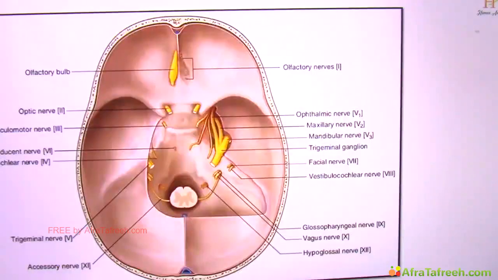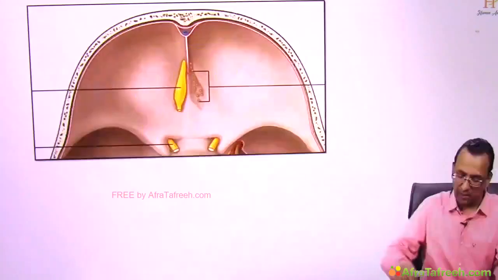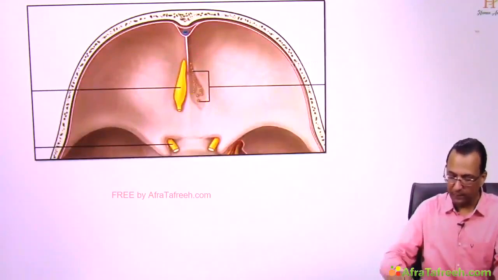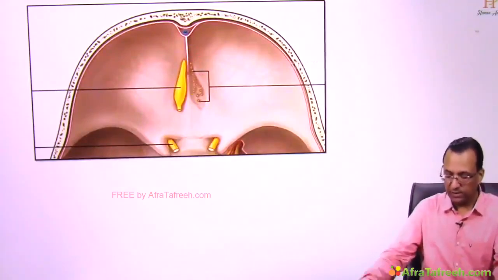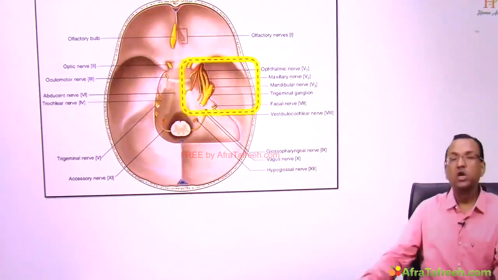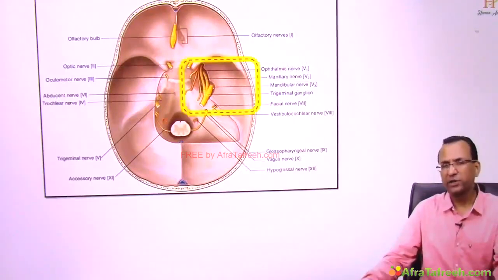Let us quickly go through the details in this diagram also. For a good idea, you will magnify this area and quickly tell: this is the olfactory nerves coming from the roof of the nasal cavity. This is the optic nerve coming from the optic canal. This is the middle cranial fossa floor, where you will find the cavernous sinus.